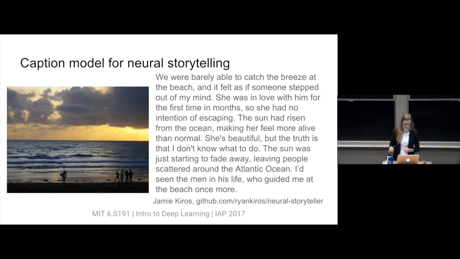The sun was just starting to fade away, leaving people scattered around the Atlantic Ocean." So the paragraph doesn't make a whole lot of sense as a whole, but it's really exciting that we're able to combine these very different modalities in interesting ways. And we're still getting some of the information in this image. So there's lots of ways you can combine these models.